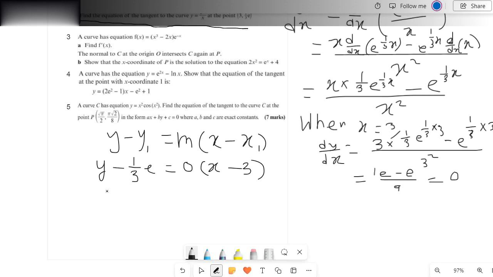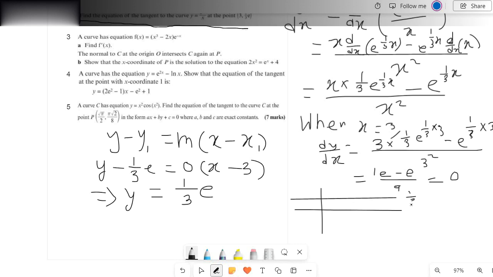So we have y equals 1/3 e. Graphically speaking, what it basically means is that the tangent is a horizontal straight line at 1/3 e. For example, if the graph was like this, then the tangent will be exactly at this point.